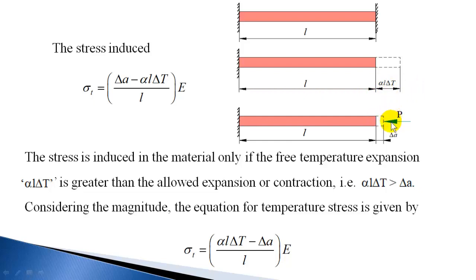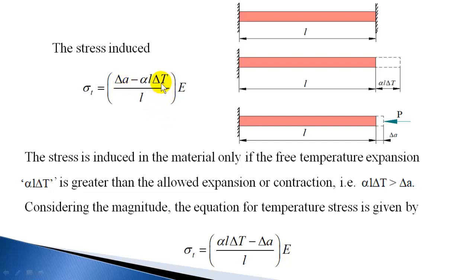So in all the cases you should check that alpha L delta T value and compare it with delta A, and only if alpha L delta T is greater than delta A, you should apply this formula.